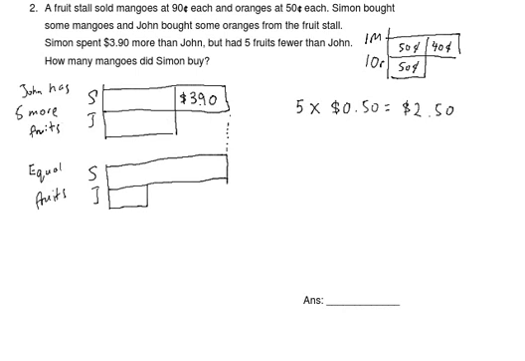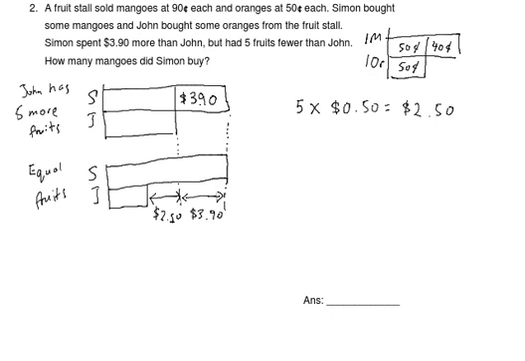Yes or no? That's why the model becomes shorter. So we know that from here to here is actually 390, right? Then what about here to here? $2.50.